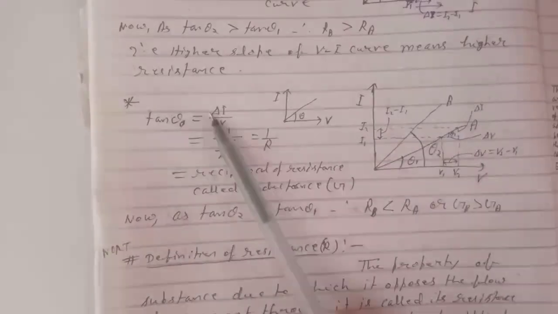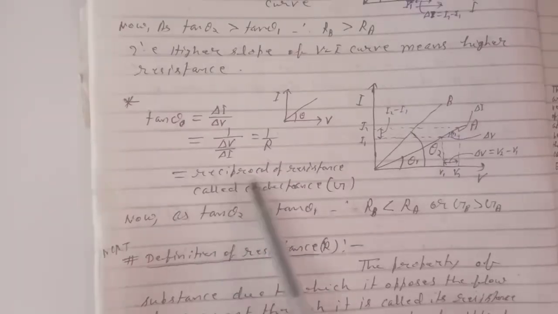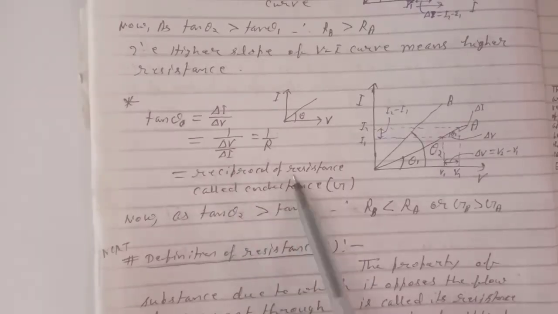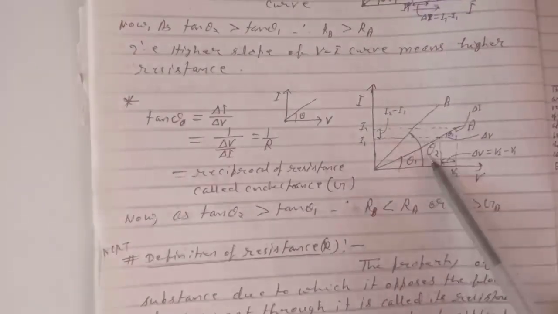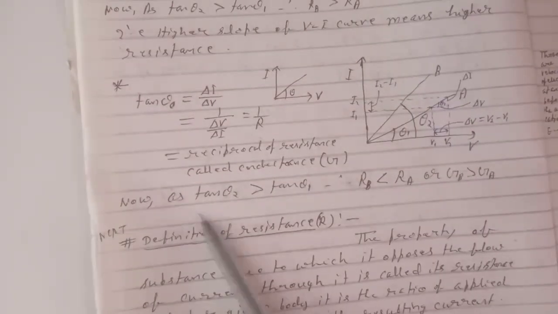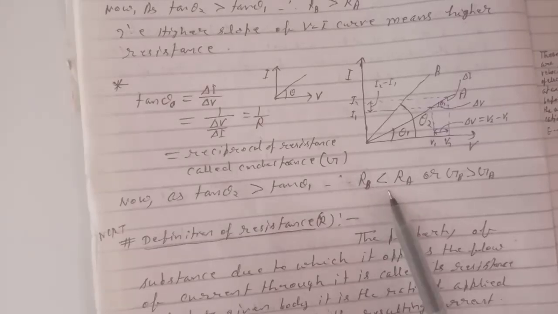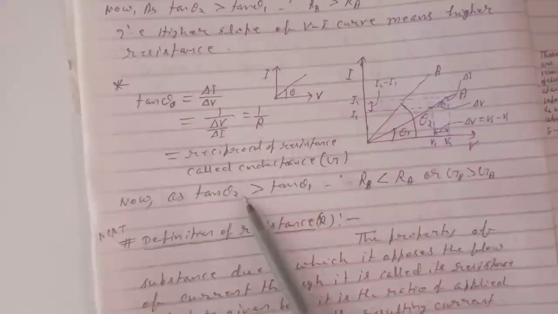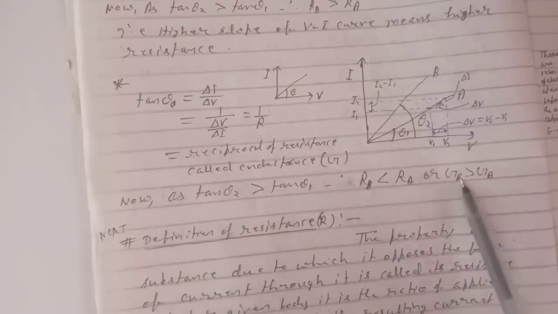Now here tan theta will be delta I by delta V, which equals 1 by (delta V by delta I), or 1 by R. That is the reciprocal of resistance, called conductance, represented by G. Now here tan theta 1 is smaller than tan theta 2, hence Rb is less than Ra, but Gb is greater than Ga, because here tan theta represents conductance, not resistance, or the opposite of resistance.